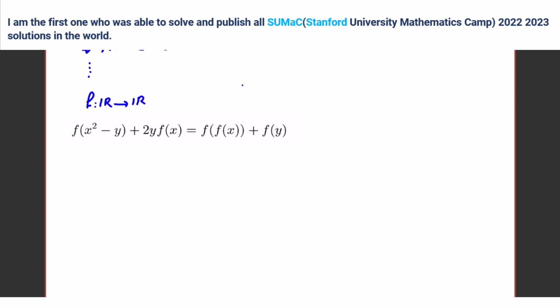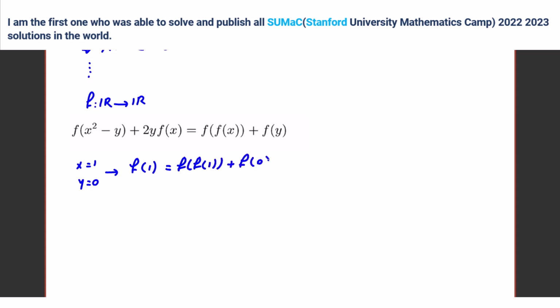Can you explain how? So first I plugged in x equals 1 and y equals 0. So I get f of 1 equals f of 1 plus f of 0.